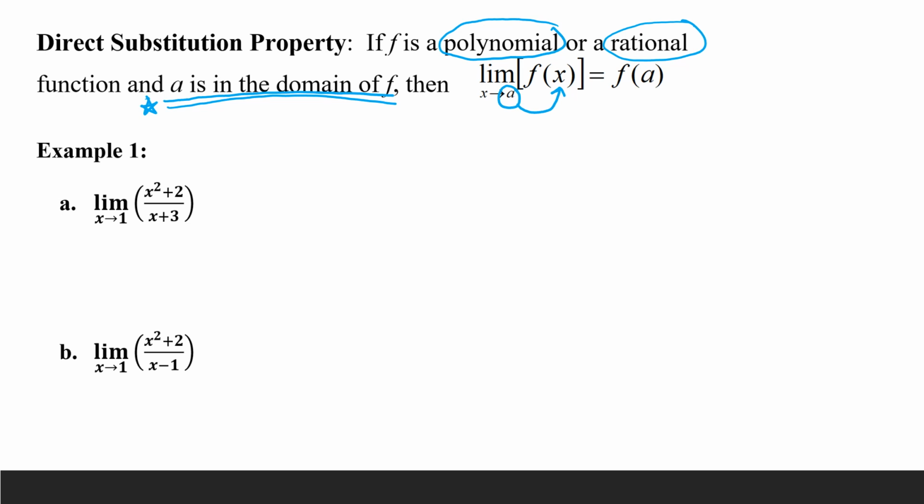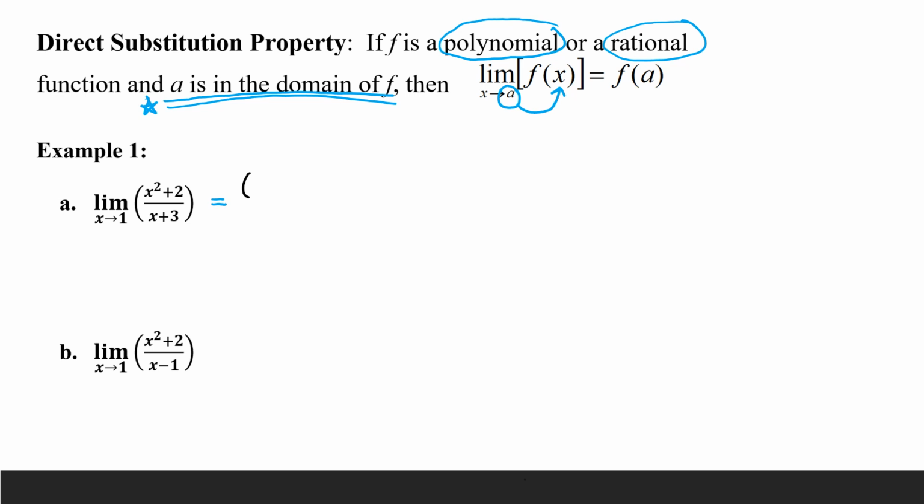So let's take a look at 2 examples of this. So we have the limit as x approaches 1 of x squared plus 2 over x plus 3. So using the direct substitution property, we can directly substitute 1 in for each of our x's.